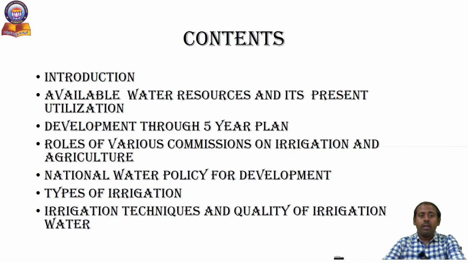These are the topics I am going to cover in this lecture, in the introduction chapter: the available water resources in India and their present utilization, and how the system was developed through the five-year plans. Then, the roles of various commissions on irrigation and agriculture, and what initiatives they have taken to develop the irrigation and drainage systems.